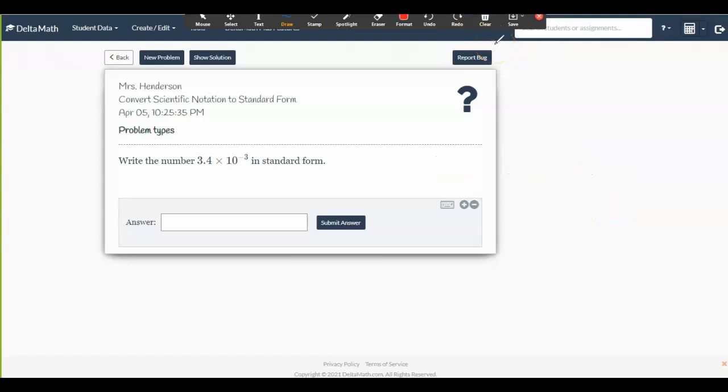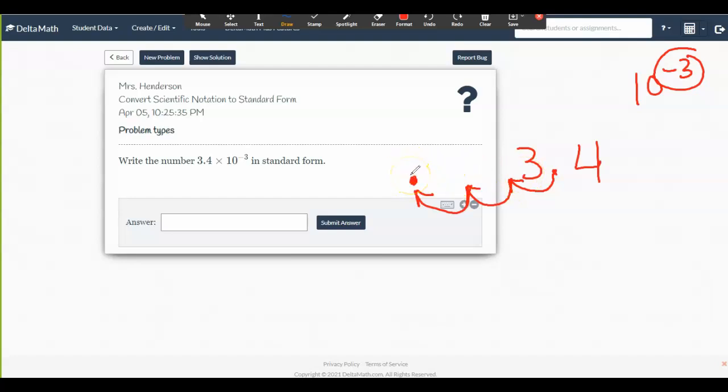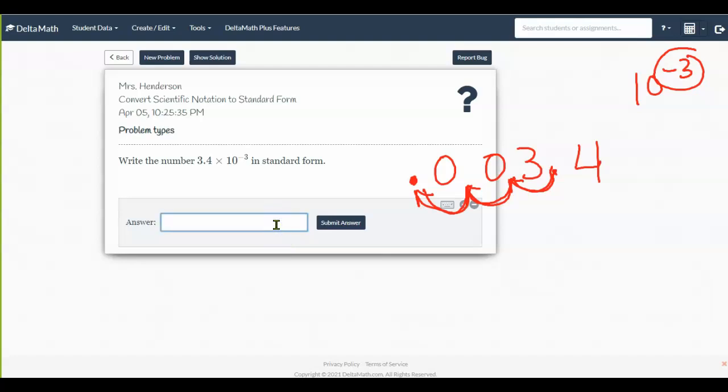So instead of actually dividing 3.4 by 1,000, we're going to take our 3.4 and, since my exponent is -3, move the decimal 3 places in the negative direction, just like that. So my decimal point will now be way down here, and since I jumped 1, 2, 3 times, I actually have 2 placeholders. So my answer is going to be decimal point 0034.